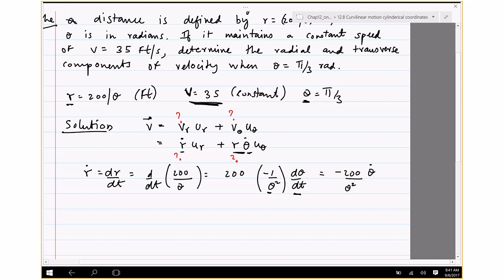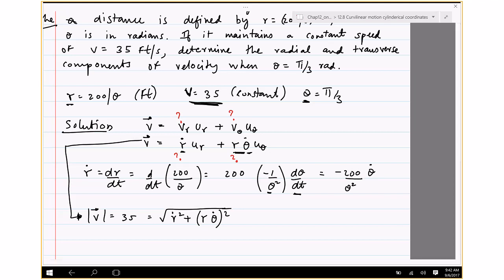So v is 35. Okay, that means that the magnitude is 35. So the magnitude of v, 35, is equal to the square root of r dot squared, this component, plus r theta dot, the transverse component, squared. This comes from the sum of the x and y components, but we need to square them.